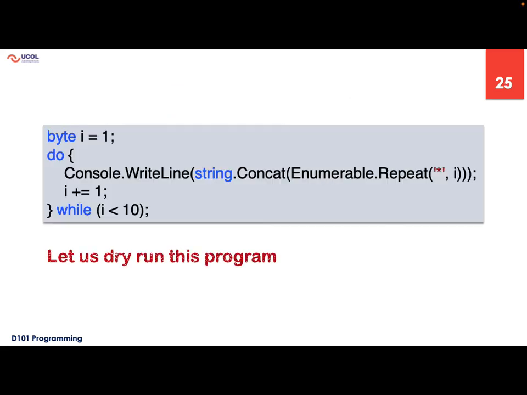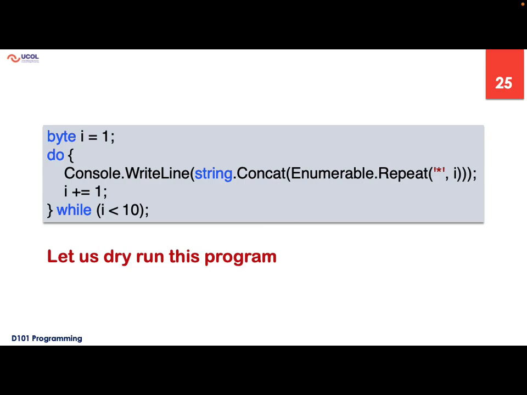Can we dry run that particular program? We start i is equal to 1, print one line, i plus equal to 1 and check the condition, less than 10. i becomes 2, print 2 stars and i is less than n.